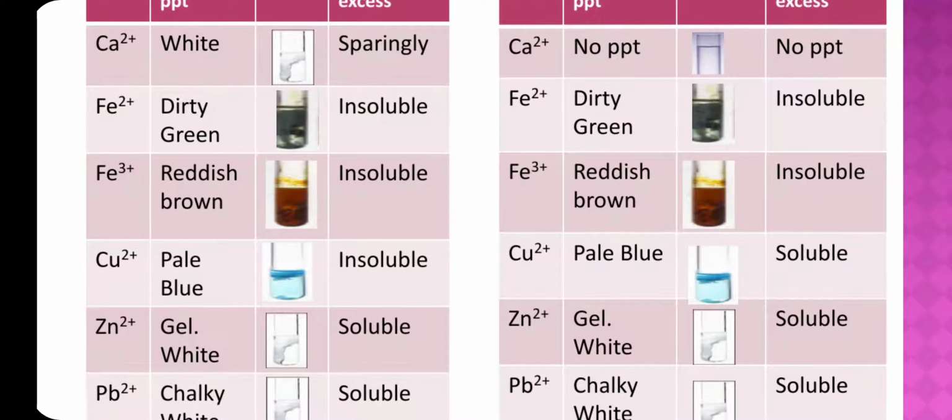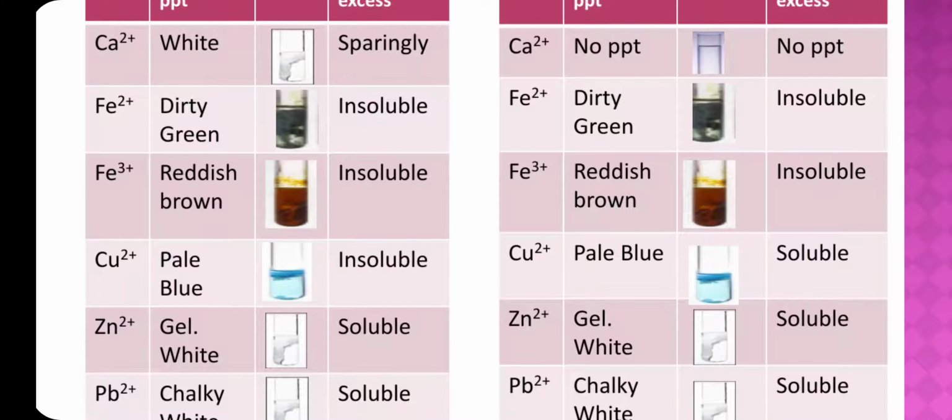Whereas ferrous salts with ammonium hydroxide also give a dirty green precipitate which is insoluble in excess of ammonium hydroxide. Similarly, it is the same with ferric ions. Ferric salts produce a reddish brown precipitate which is insoluble in excess of both sodium hydroxide as well as ammonium hydroxide.